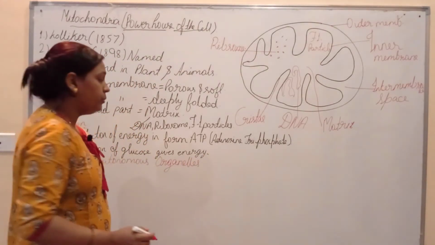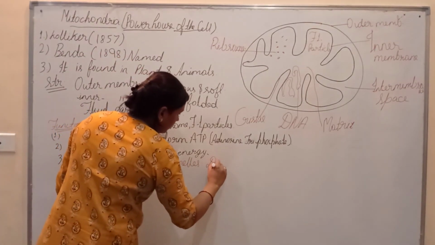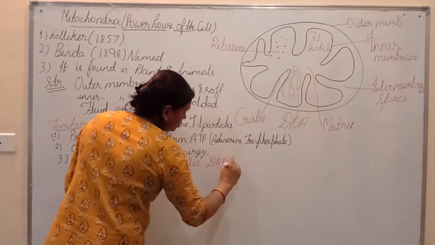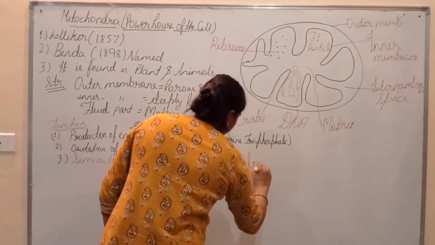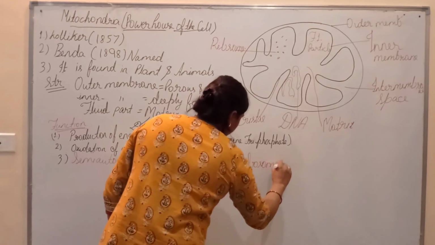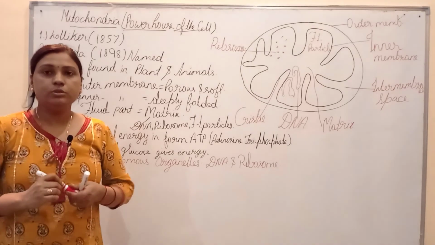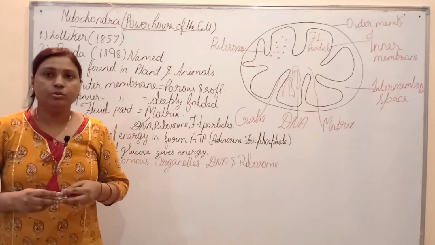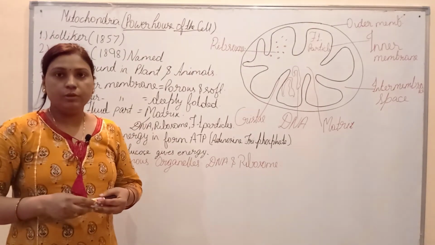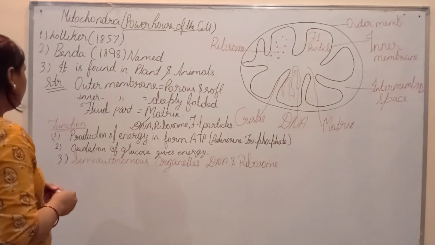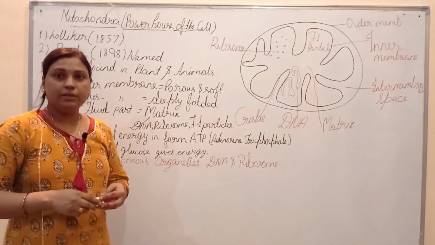It is called so because mitochondria have their own DNA and ribosomes. DNA and ribosomes collectively replicate, and this mitochondria structure can again be formed. So semi-autonomous organelle means that this mitochondria can replicate itself.